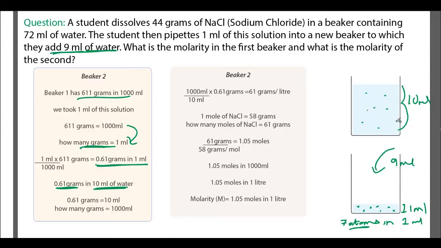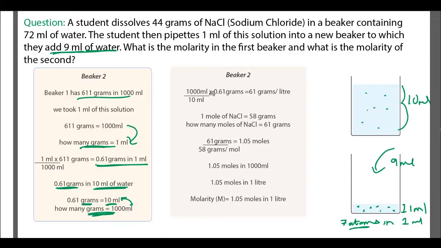So getting back to the question here, we know we've got 0.61 grams in 10 milliliters. So how many grams do we have in 1,000 milliliters? Now we could have times this by 100, because the difference between 10 and 1,000 is 100, so we could have done 100 times 0.61 grams.